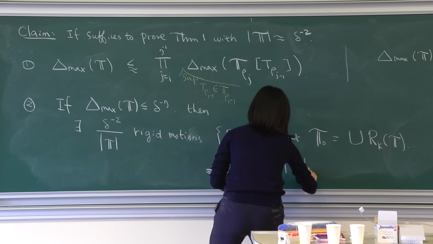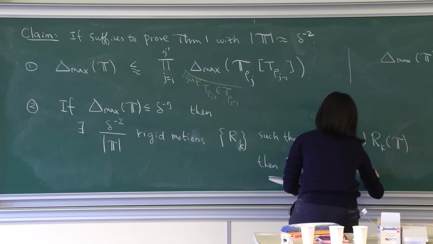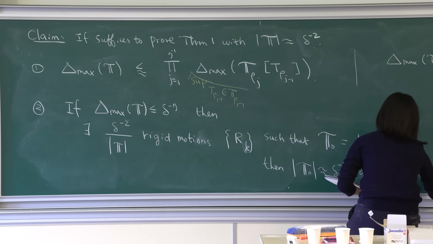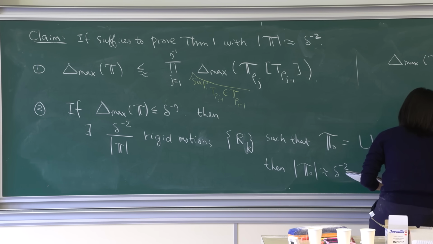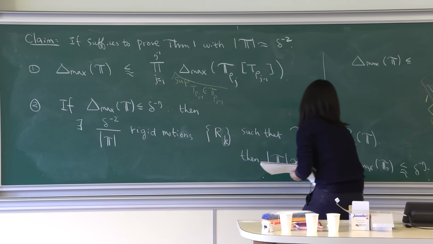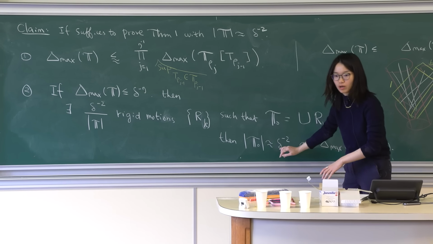T0 has cardinality roughly delta to the minus 2, and the maximal density of T0 is less than delta to the minus eta. So when I say roughly, it's all up to polynomials of log.